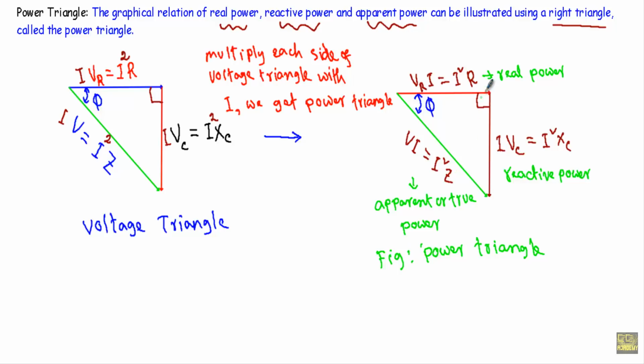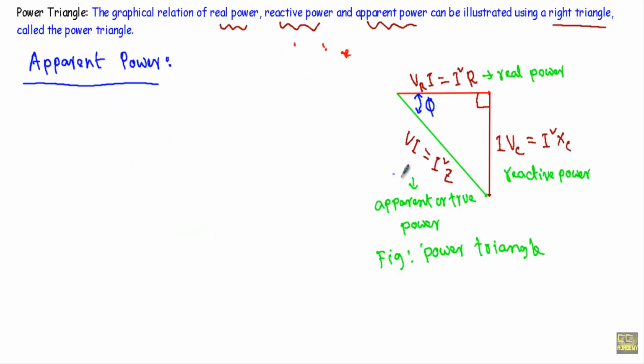Okay, now let me talk about real power, reactive power, and apparent power. After that I will talk about power factor. Okay, let me talk about apparent power or total power. Sorry, this is not true power, this will be total power. What is the apparent power or total power in a circuit? Apparent power or total power in a circuit is the power that is supplied by the source in the circuit.